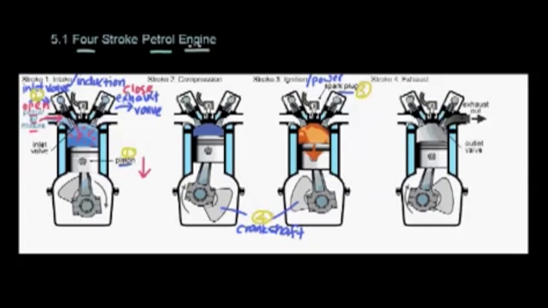Now, for the petrol and air to be compressed, both of the valves are closed. The inlet valve as well as the exhaust valve are closed, and the piston will move up. When the piston moves upwards, it compresses the mixture of vaporized petrol and air to 1/5 of its original volume.